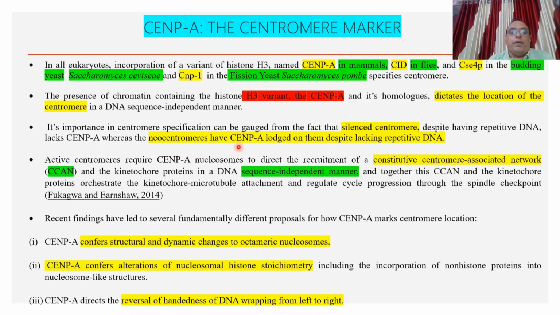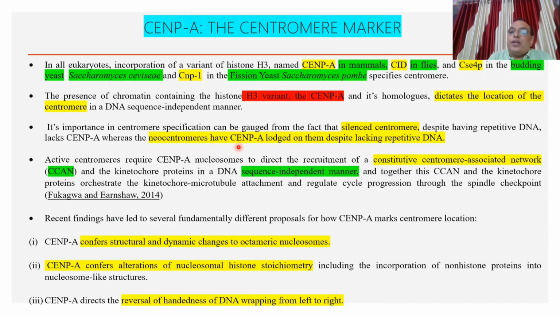So at the normal centromere, there are repeated sequences of DNA in the chromatin, and to that CENP-A is attached. But when the normal centromere is silenced, what will happen? The point to which CENP-A, centromeric protein A, or CEN-H3 is attached starts functioning as a centromere, irrespective of the sequence of nucleotides.